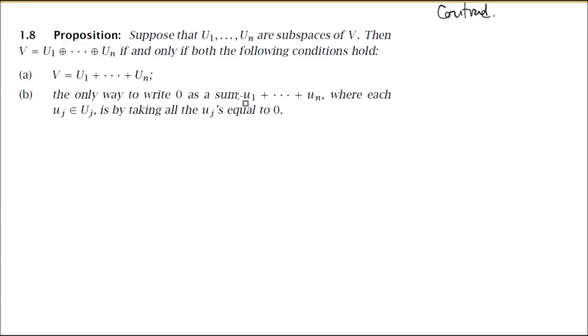So let's look at this statement. U1 through UN are subspaces, and we write the sum like this. Whenever you write a sum of many things without parentheses, you assume associativity, so you're supposed to check that.